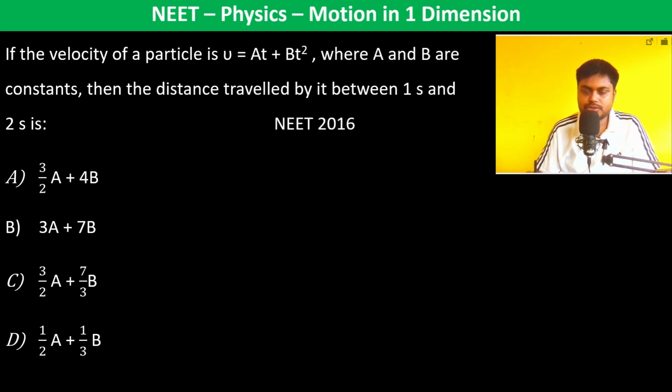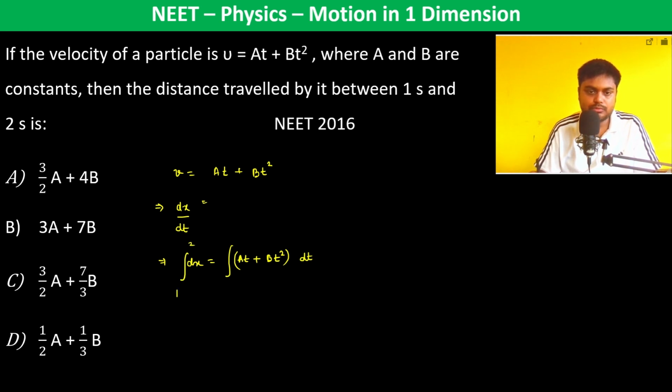The velocity of the particle is u equals at plus bt square, where a and b are constants. Distance traveled by it between 1 second and 2 seconds is? So the velocity is given by at plus bt square. Velocity is dx by dt, which is equal to this. Therefore dx is equal to at plus bt square into dt. Now we have to find from 1 to 2.